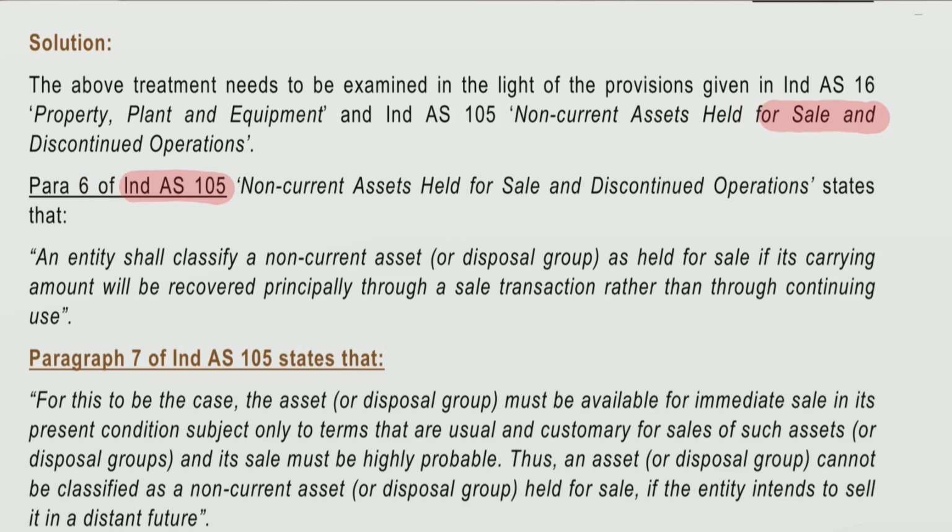Para 6 of Ind AS 105 states that an entity shall classify a non-current asset or a disposal group as held for sale if its carrying amount will be recovered principally through a sale transaction rather than through continuing use. This is the fundamental issue which the accountant in case of Pluto Limited has ignored.